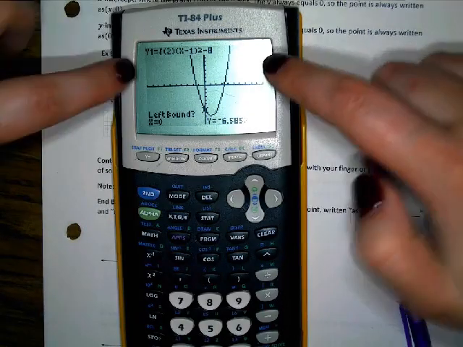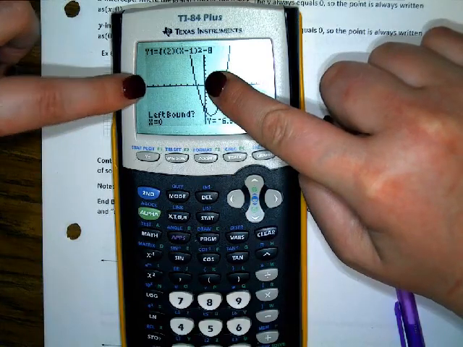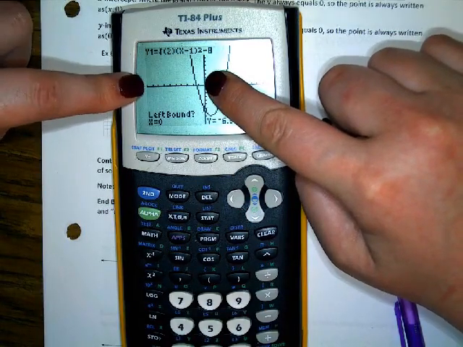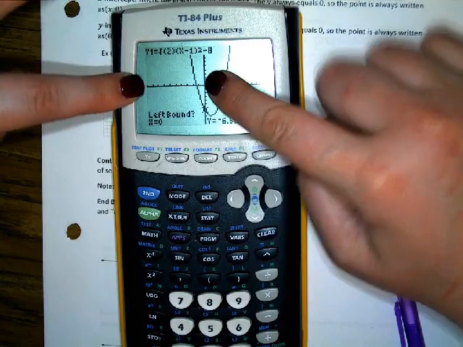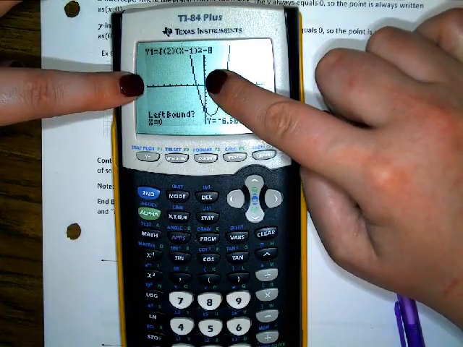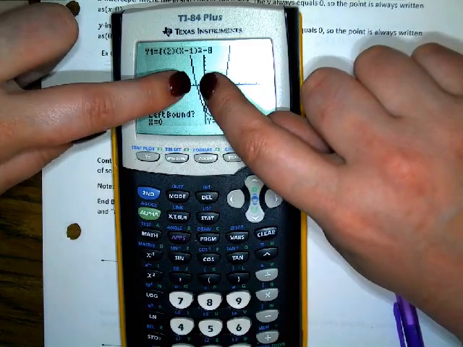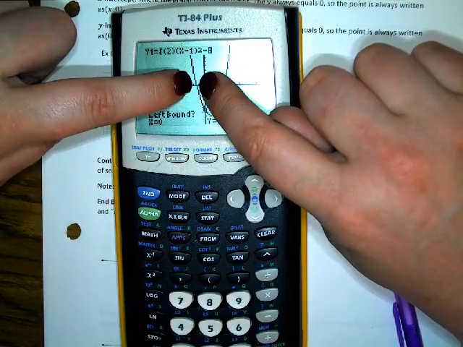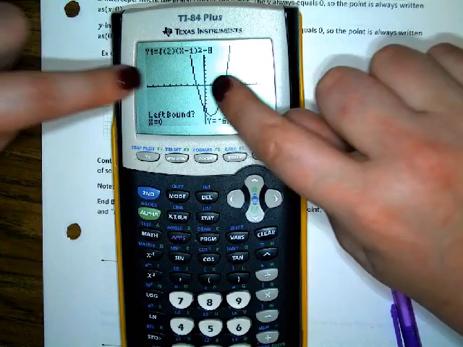That's just me, because that's the left side of the screen. If you're not being lazy, you might tell your calculator to look between -2 and -1, because that is really, truly where the x-intercept is. You guys see the difference? So I like to be lazy because I never want to have to squint my eyes and look and see exactly where it is. I don't like to think about it. I just say, oh, it's on the left side. It's between -10 and 0 somewhere, okay?